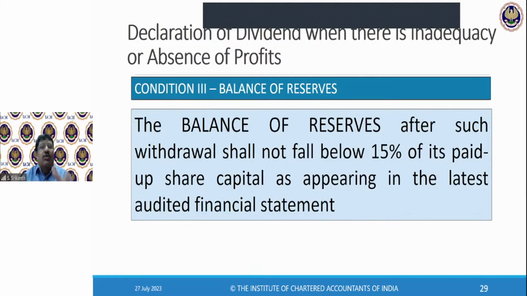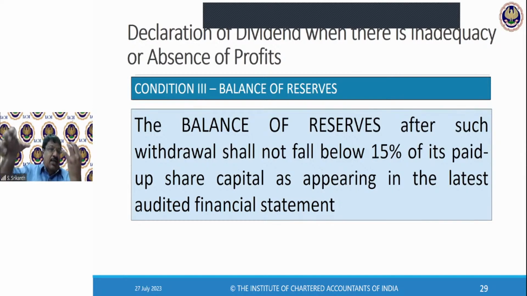So in those cases, the balance of reserves after such drawal shall not fall below 15% of its paid up share capital as appearing in the latest audited financial statement. Right? So you have to find out the paid up share capital, calculate 15%, keep it.